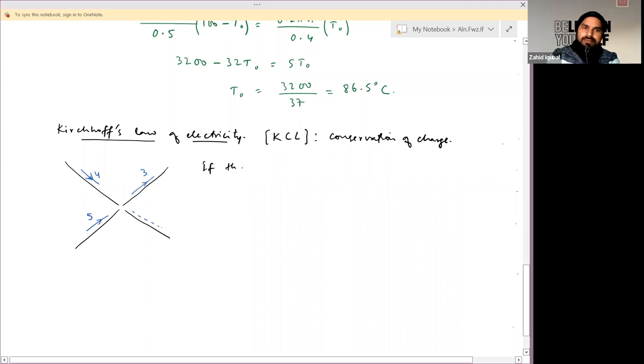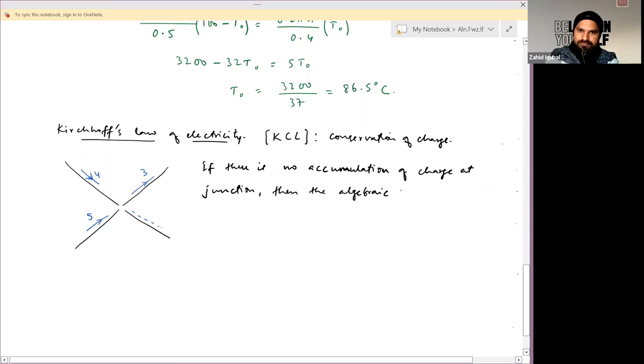State, if there is no accumulation of charge at the junction, then the algebraic sum of all current at the junction should be 0.